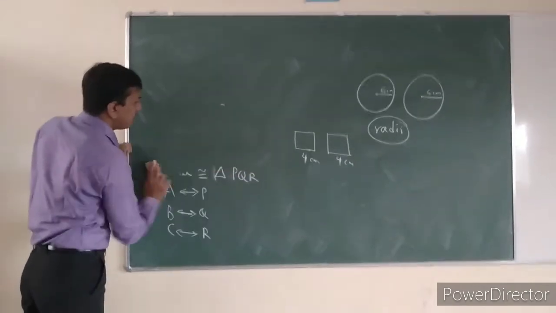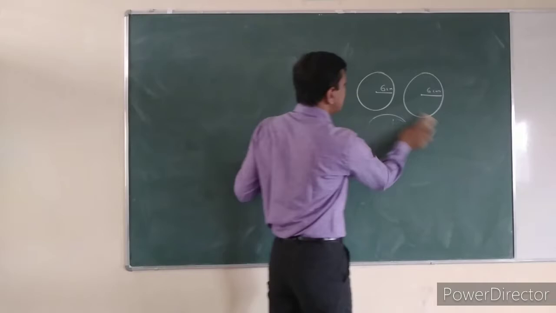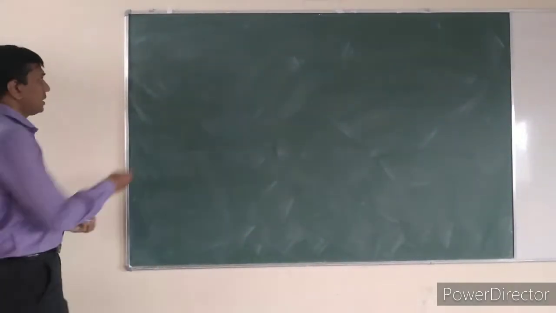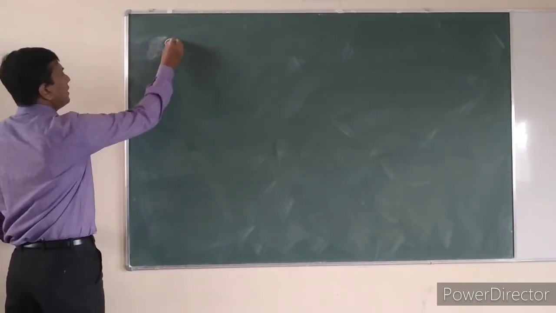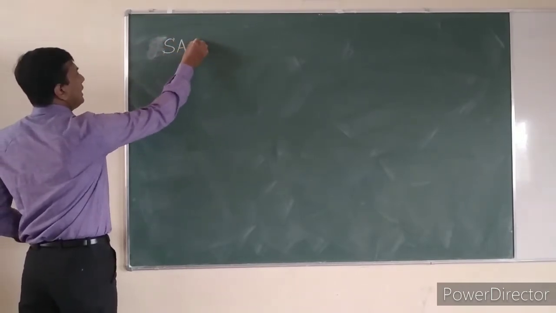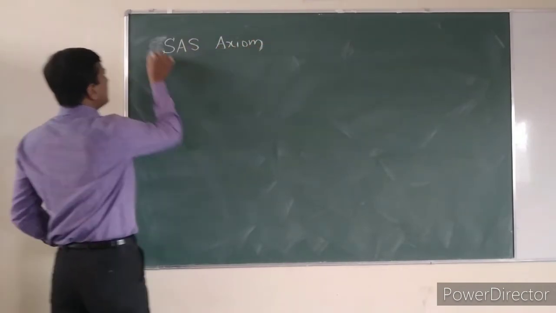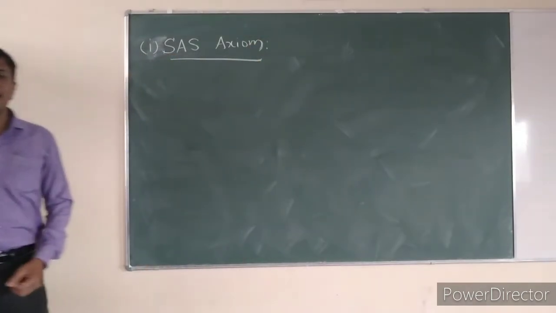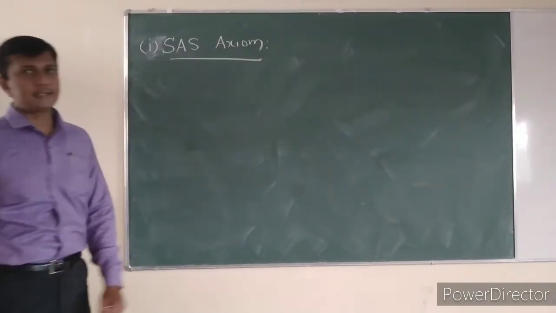The very first axiom we have is side angle side congruence. Already in 7th standard we have learned about this axiom. The very first axiom is the side angle side axiom. What is the side angle side axiom?